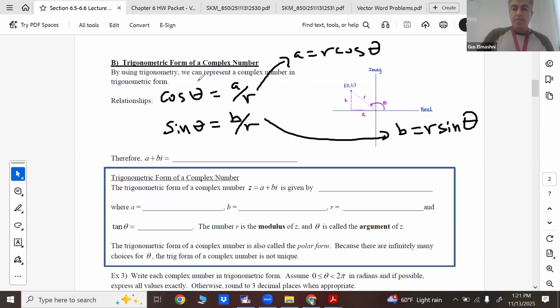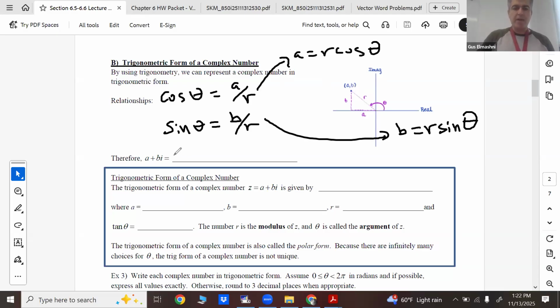So the way we can think about this, A plus BI would be, and I want to be a little mindful about this because we're using the length of R times cos theta. For now, I'll just write it with R, but then I'm going to use Z in the box below.